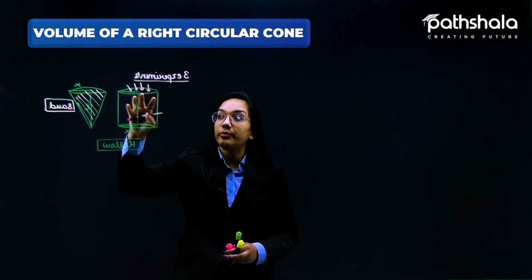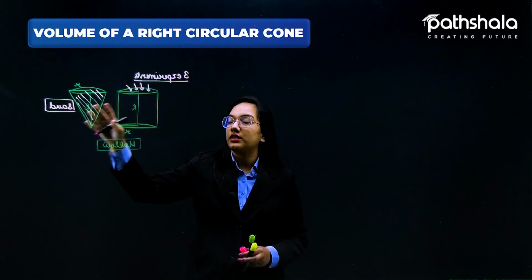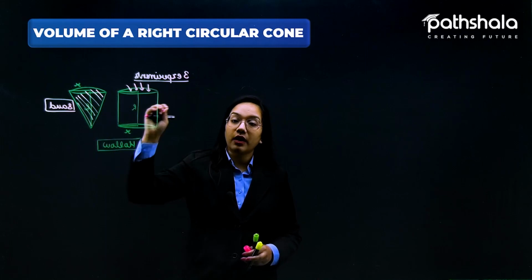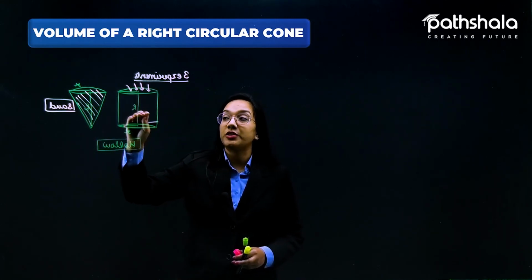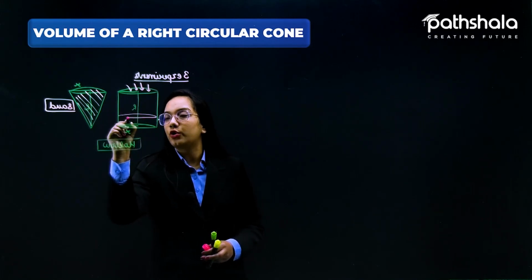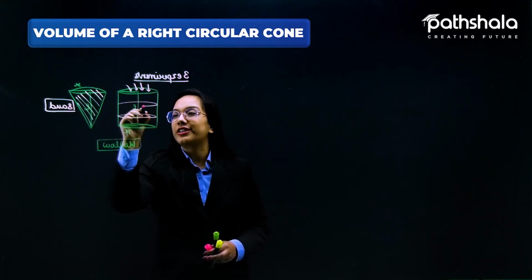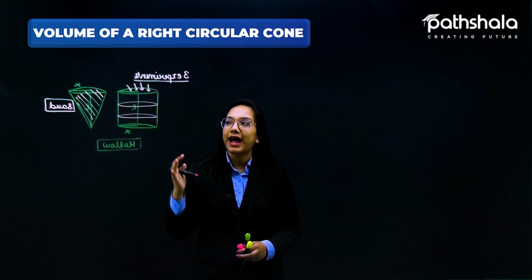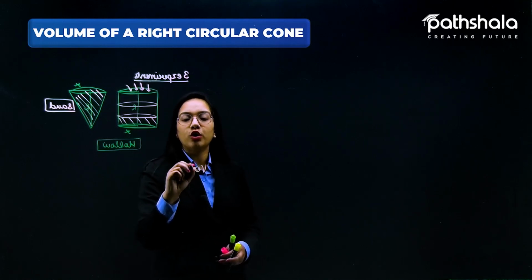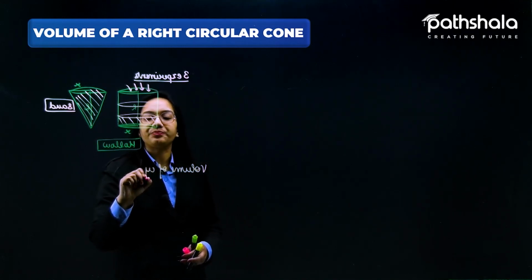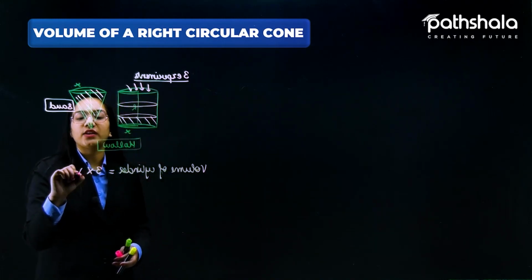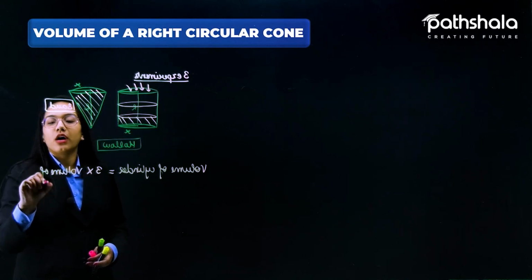With the help of this right circular cone, it requires 3 repetitive experiments for the cylinder to get filled with the sand, which definitely implies that the volume of the cylinder is 3 times the volume of the cone.